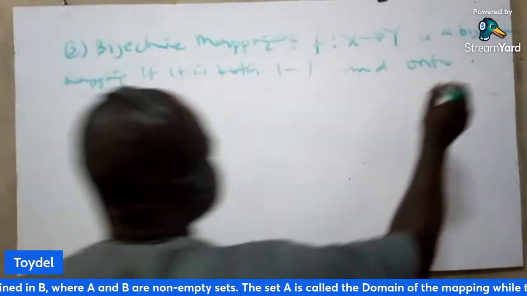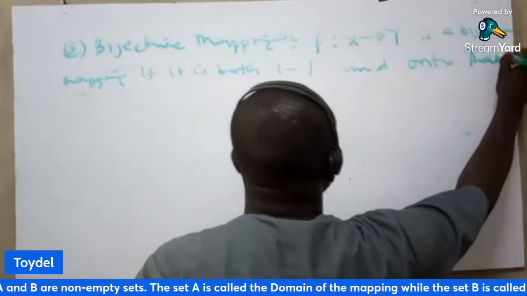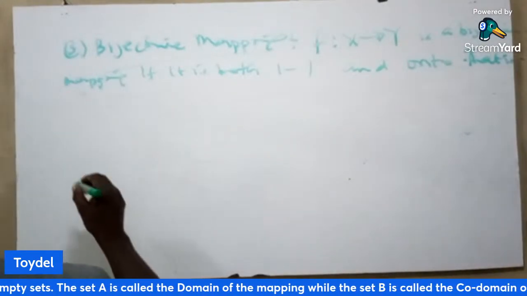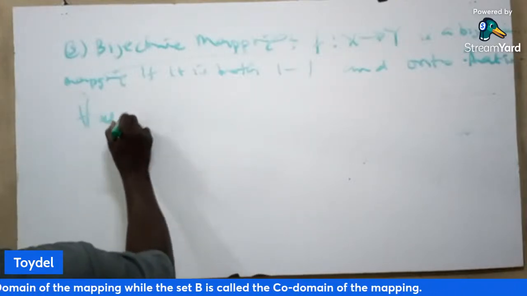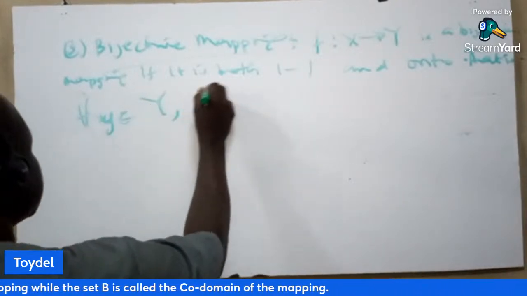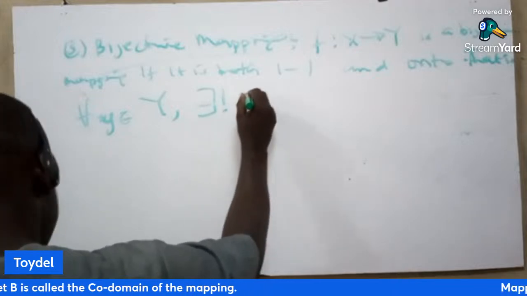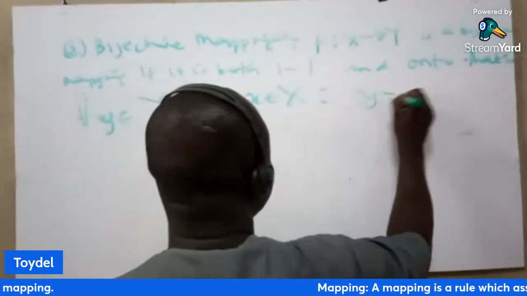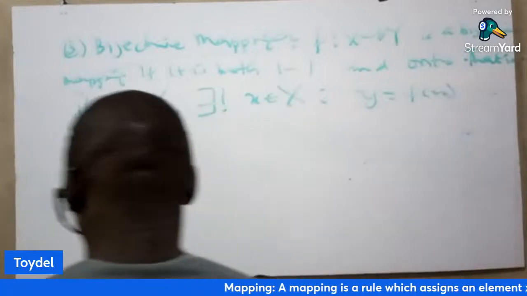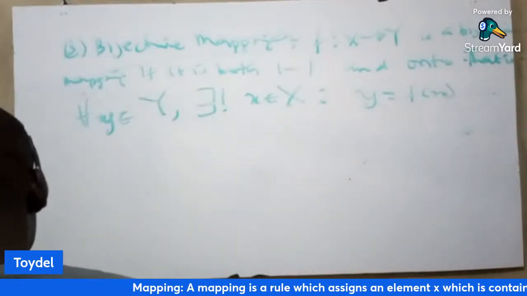That is, for every element Y that belongs to Y, there exists a unique X that belongs to X, such that Y is equal to F of X. So do you understand that statement?